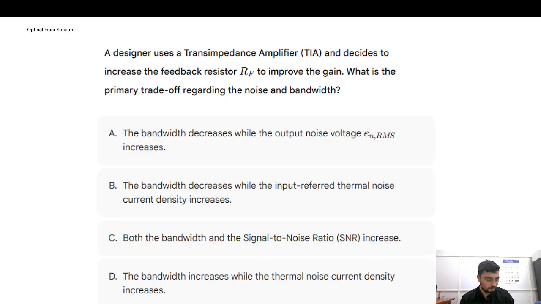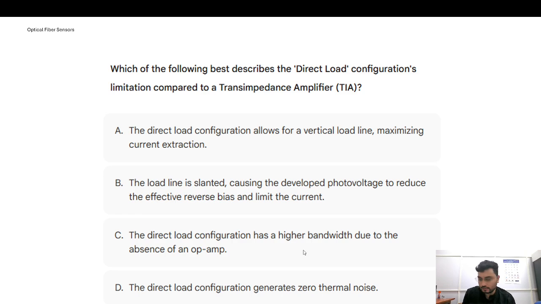Bandwidth and noise both increase. So you are saying that if you improve the gain, bandwidth and noise... In the direct load configuration, what will be there?